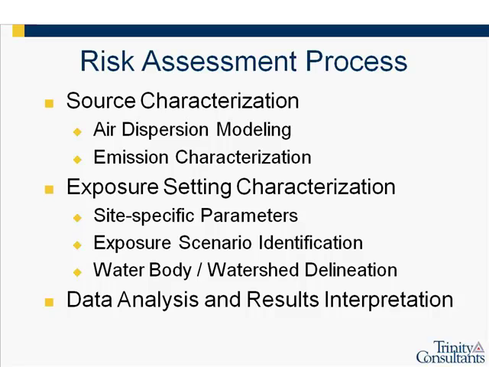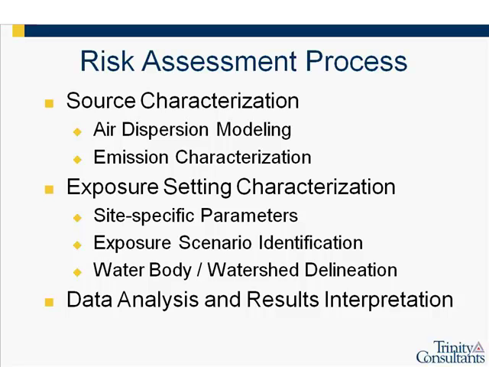You couple that with emissions information, and then you look at the area surrounding the facility or your sources and collect site-specific parameters, things I discussed briefly earlier, like rainfall and erosivity rates, things that are needed for the fate and transport equations. Then exposure scenario identification: what exposure scenarios in the area make sense?